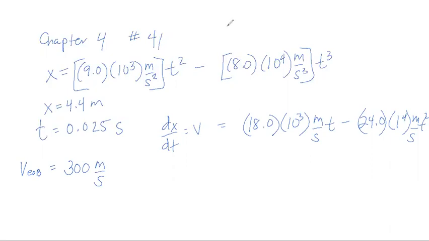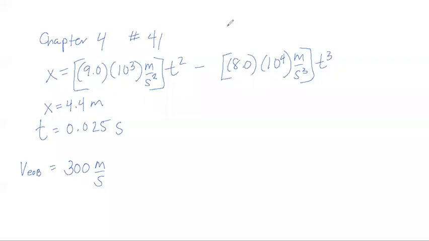Let me pause and get some board space. Now it's asking me for the net force at 0 and at 0.025. At 0, I'm going to take another derivative to get the acceleration.